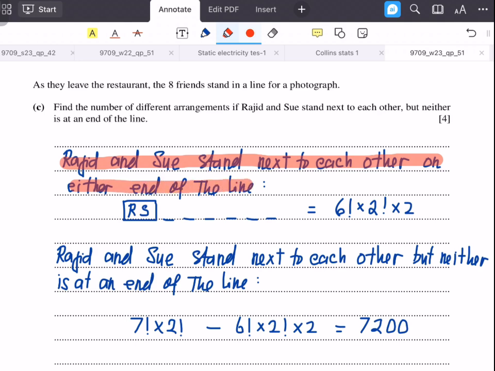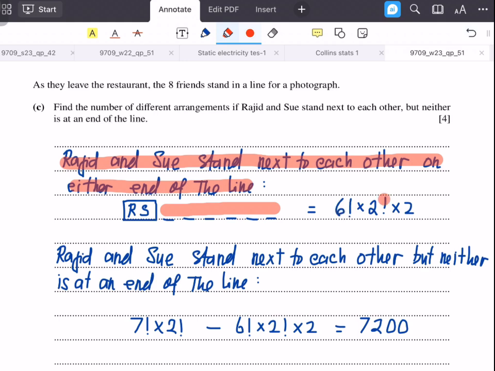So let's suppose that Rajit and Sue stand on this end of the line and they must be next to each other. 6 factorial here is for the number of arrangements of 6 other friends.